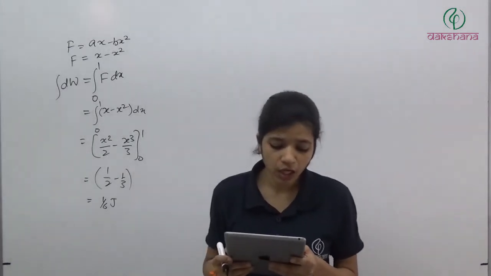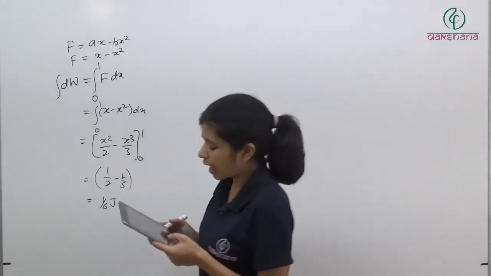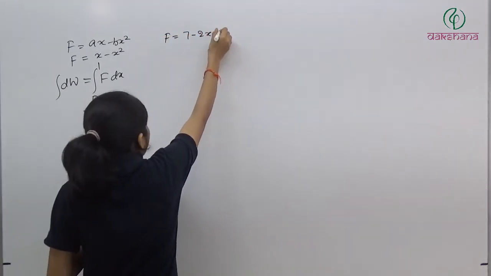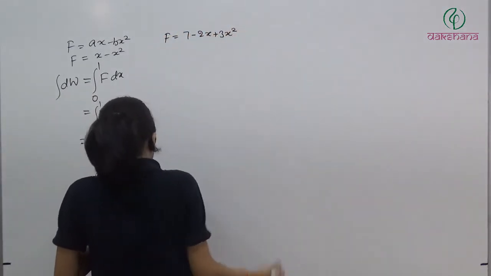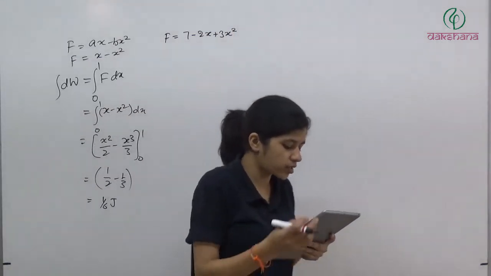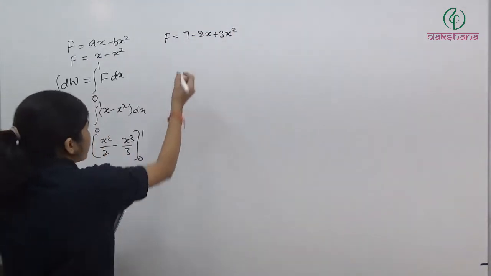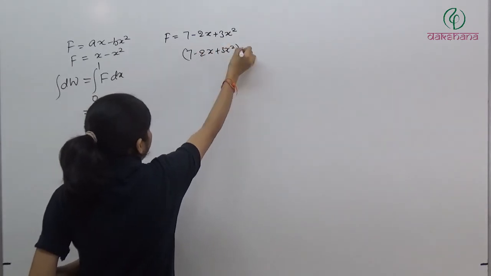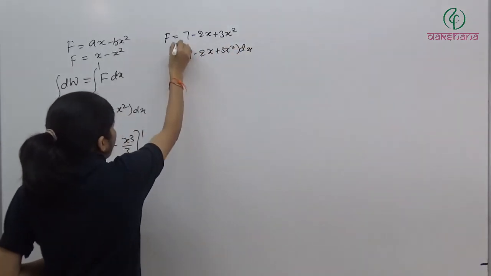Question number 2 is, a position dependent force, again F is equal to 7 minus 2x plus 3x square, acts on a small body of mass 2 kg and displaces it from x is equal to 0 to x is equal to 5. But simply 7 minus 2x plus 3x square, F dot dx from 0 to 5.